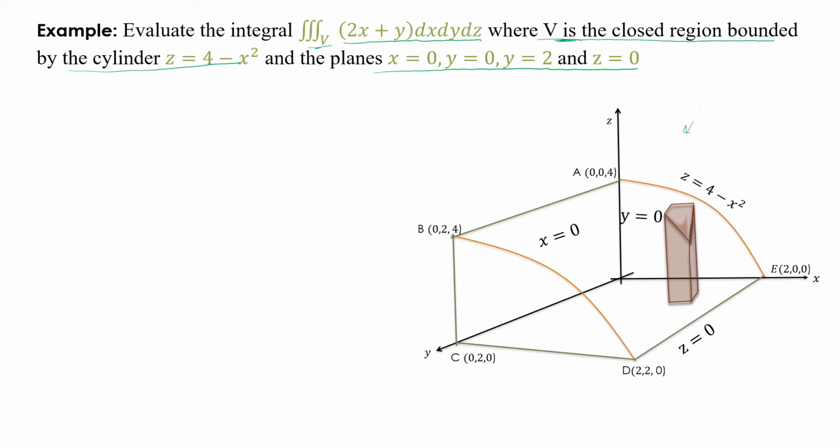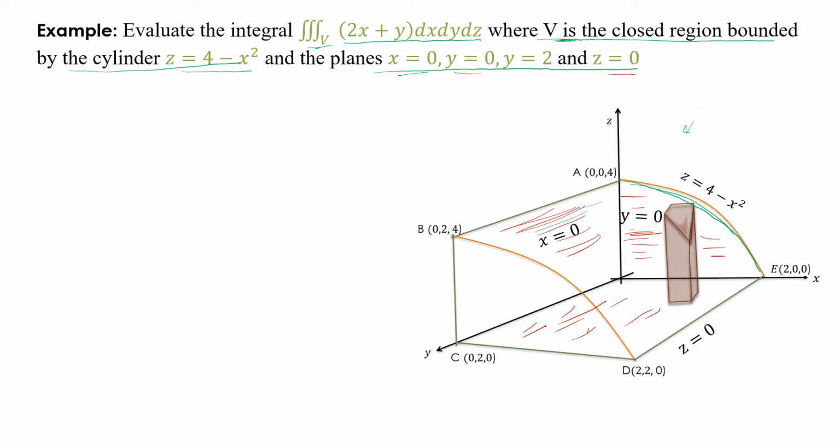So here, as you see, z = 4 minus x square is the surface, and the plane x = 0, that's a plane, and y = 0 is that plane, and z = 0 is the xy plane.